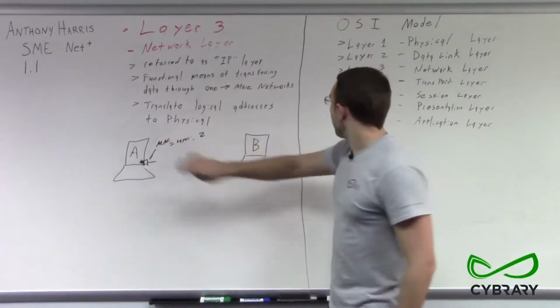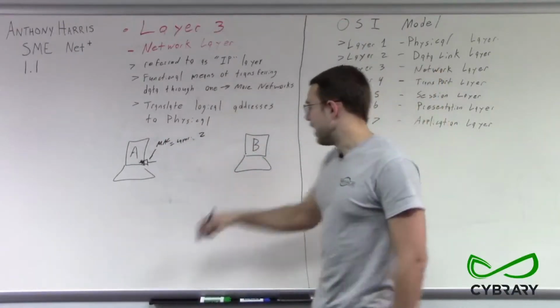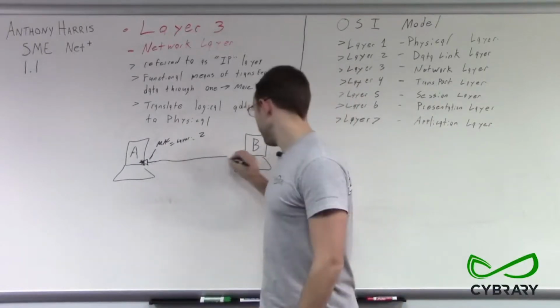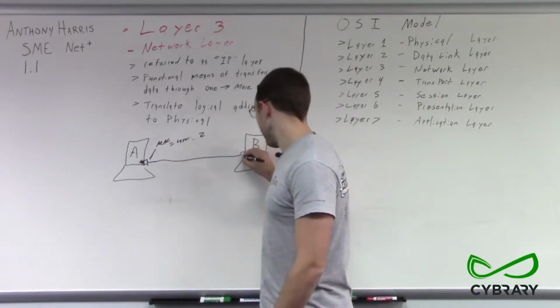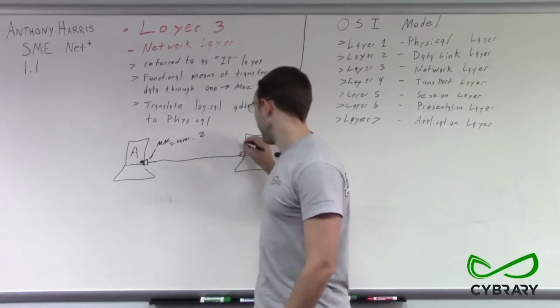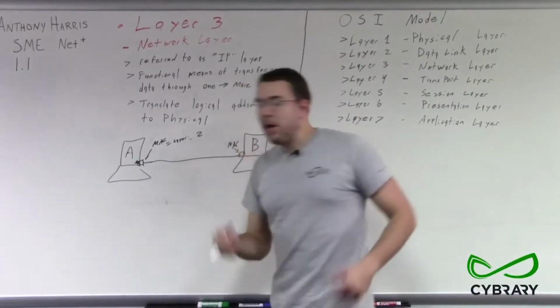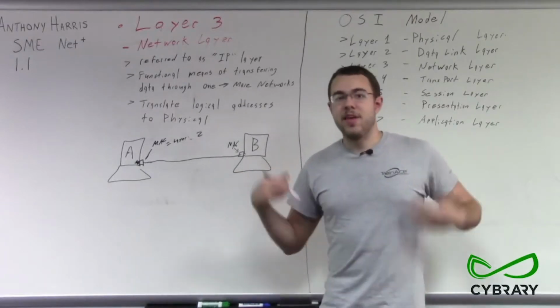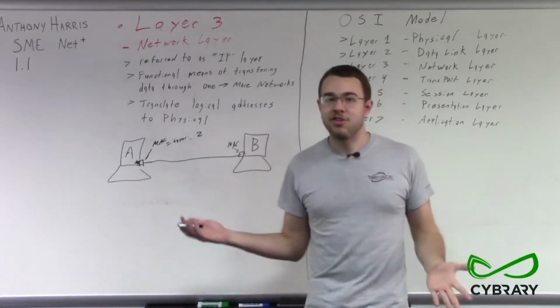So we have our MAC address, we have our data link layer, and if we were sending this data packet directly to computer B, to its network interface card, directly to its MAC address, that would be the layer 2 point as well, because it's the data link layer. It's that unique point-to-point connection.